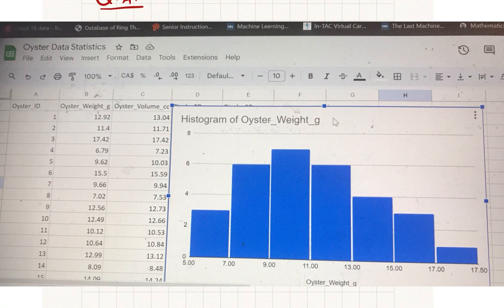Now, here we have some data, and this has to do with the weight of 30 oysters that were collected. You'll find this on our Moodle page as well, under supplementary notes. You'll see this oyster data, and all we care about is the weight in grams.